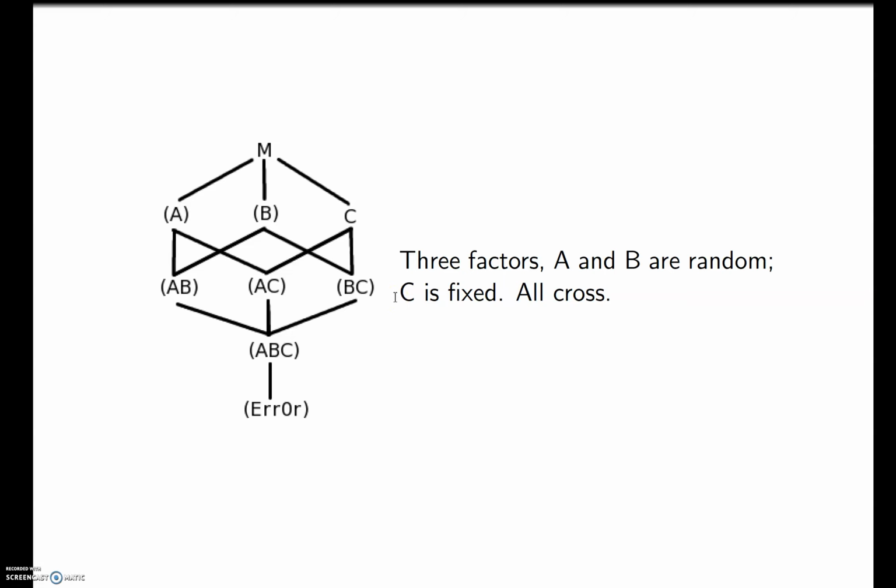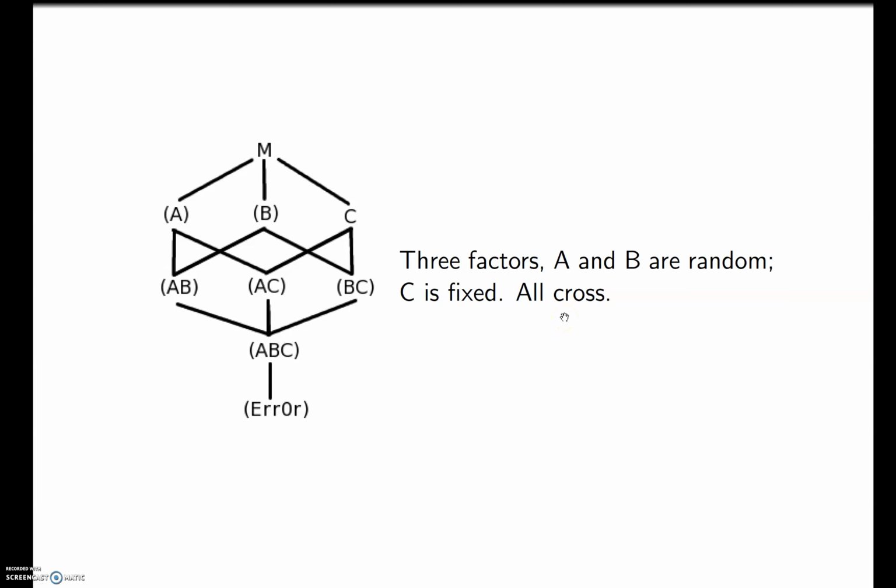So everything crosses. No nesting, except for the error. Notice the crossing of the two-way interactions creates the three-way interaction. It's not like a weird cumulative effect. We actually do sometimes count how many terms; we'll get into that later. But when we cross the AB, AC, BC, we get the ABC random effect.